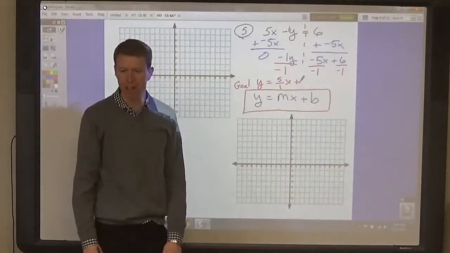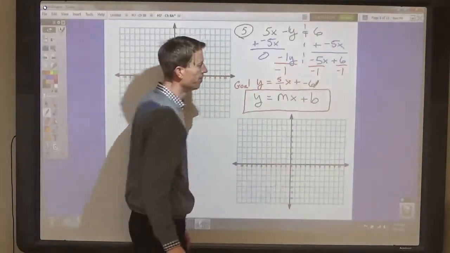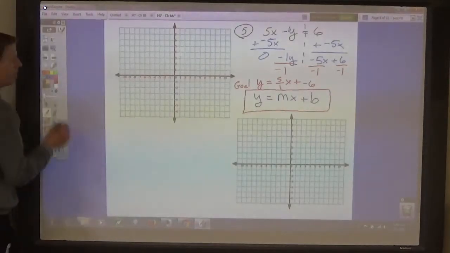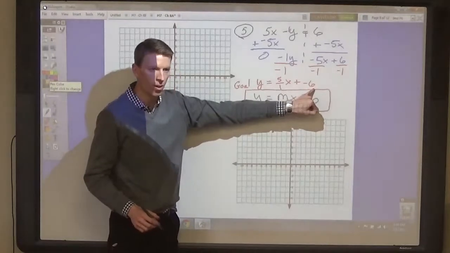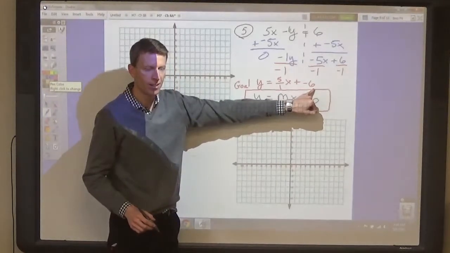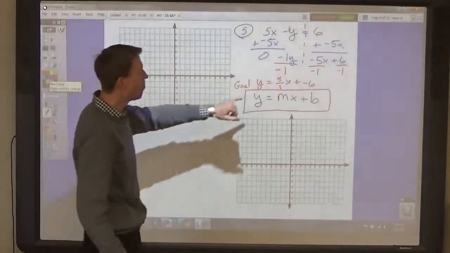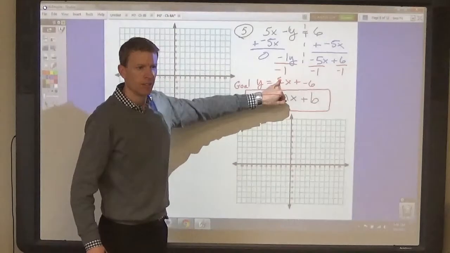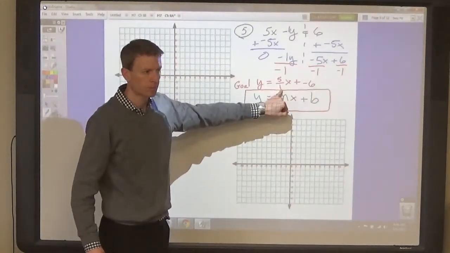So what's 6 divided by negative 1? Negative 6. Okay? So, we have it in y equals mx plus b form. Because we need both numbers when we graph this. Okay? We need both numbers to graph this one.